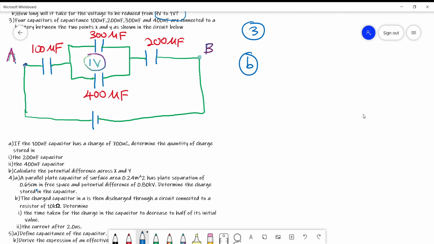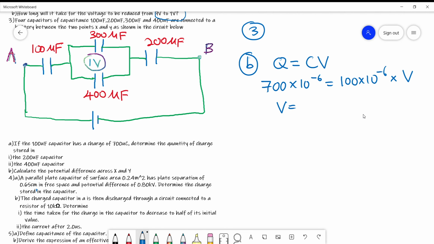So let's calculate one by one. Q is equal to CV. So my Q across the 100 microfarad capacitor is 700 microcoulomb, equal to 100 microfarad multiplied by V. V is the one that we need to find. So cancel, what I get is 7.00 volts.